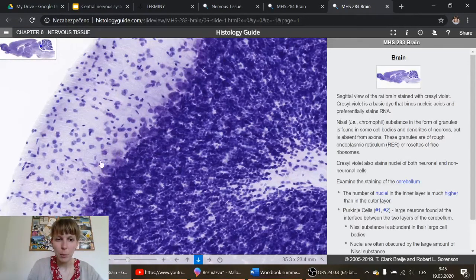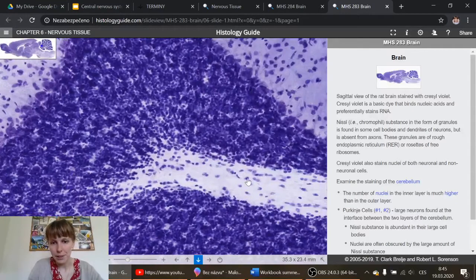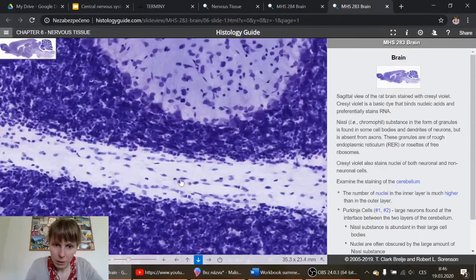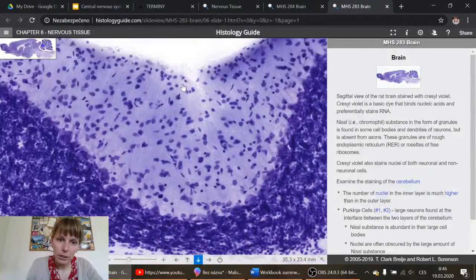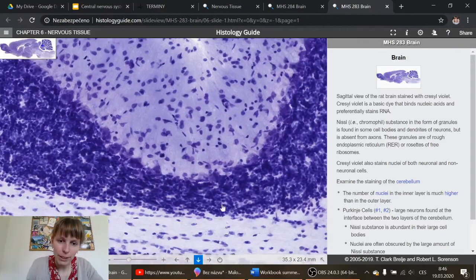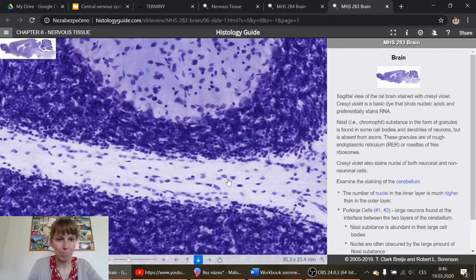So this is the Purkinje cell layer, and this one, the darkest one, is the granular layer, and this is the white matter. So the cerebellum is a really friendly slide. It's really clear, not very hard to distinguish between the layers. So in the white matter you will see the myelinated axons going away. So molecular layer, Purkinje cells, granular layer, and white matter.